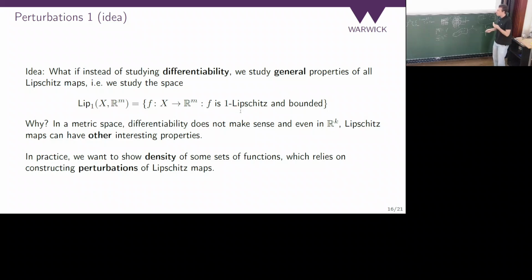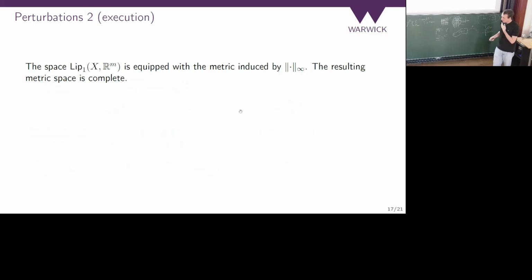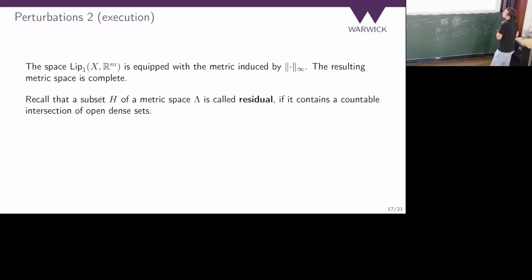The method to show density will be Baire categorical. So I'll just remind you what that means. I will need a metric on this space, so I will equip it with the metric induced by the uniform norm. Then the resulting metric space is complete, which is very useful because we can use the Baire category theorem.